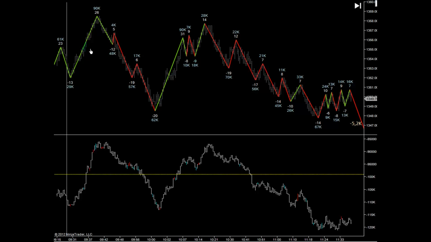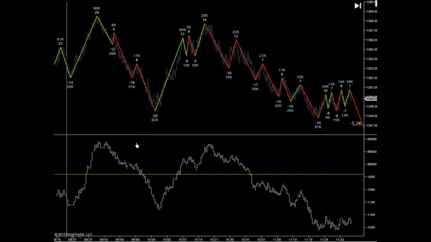And we're also going to colour green if it's a swing down and the number of contracts traded in the swing down is less than the swing up. So in other words, it stays green if the volume is to the upside, and it stays red if the volume is to the downside. Now the chart below, in the bottom half of the frame, is the cumulative delta. So that kind of explains what you're seeing on the chart.